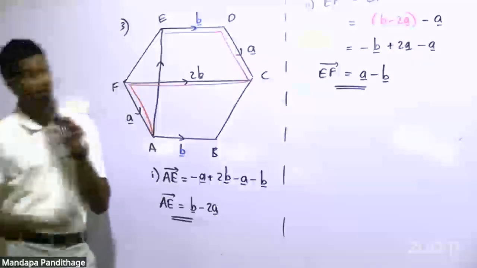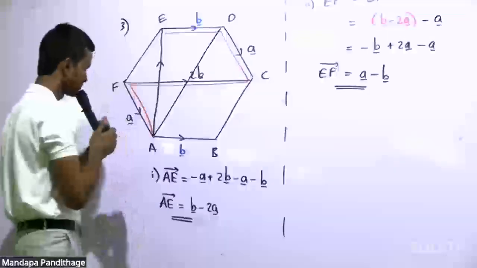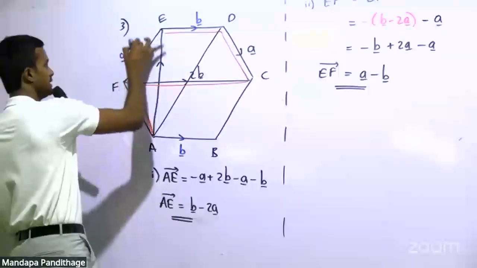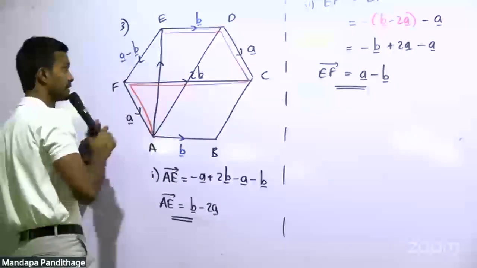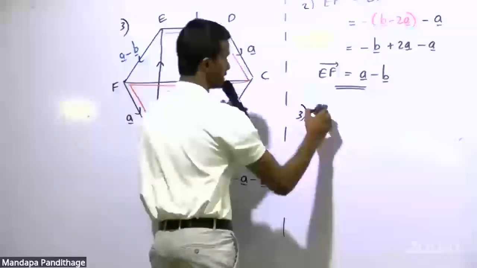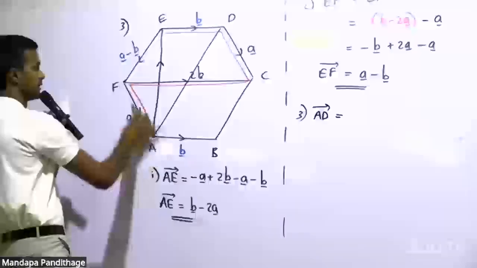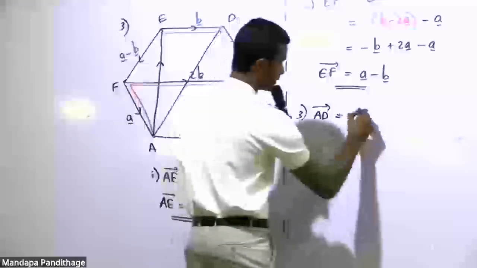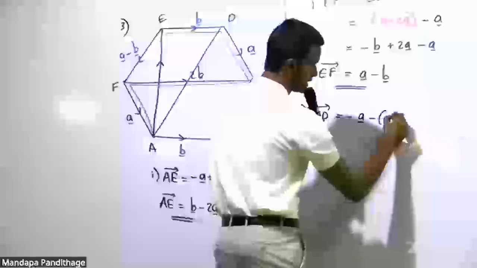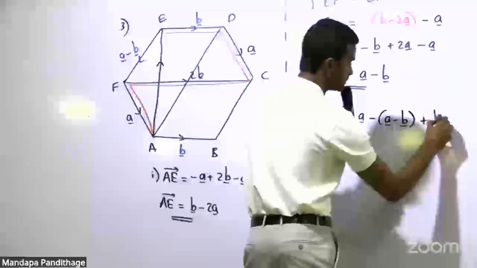Then AD. Now you know what this is? EF is A minus B. So then I'll take AD. What is AD? I'm taking this path. AD is equal to minus of this, minus A minus B, and plus B. Got it?